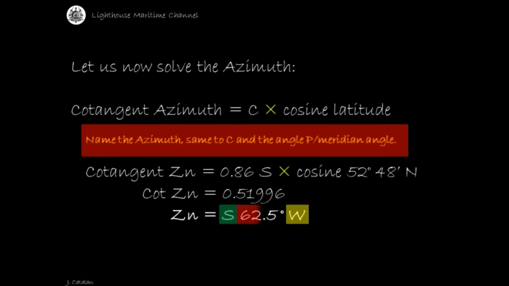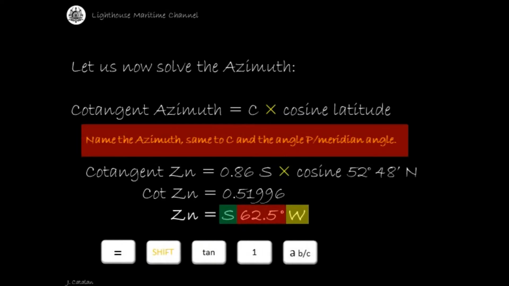Lastly, where this figure came from: if we have the same model of calculator, Casio fx-991MS, please input 0.51996, then press equal sign, press shift, press tangent inverse, press A, B over C, press answer, then press equal sign. A friendly advice: familiarize your own calculator, you will be using that for your entire journey in this discipline.